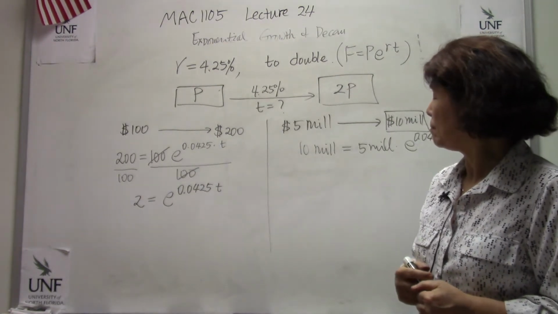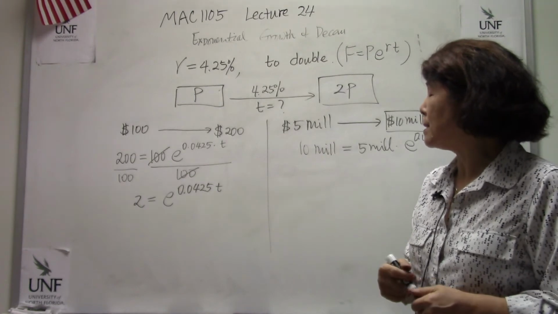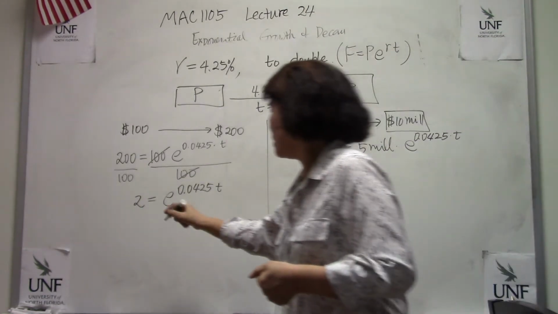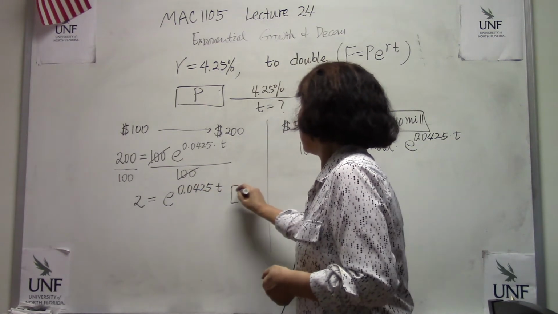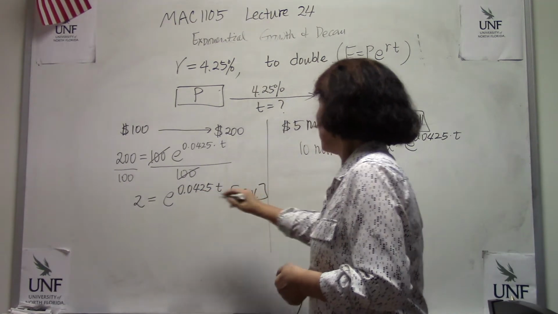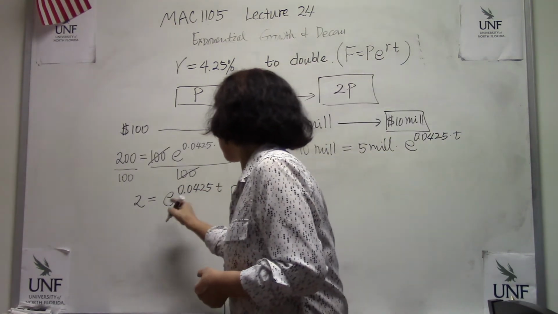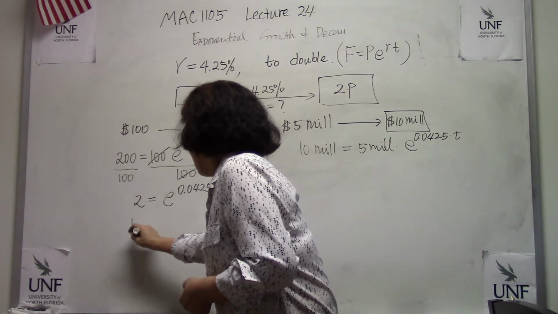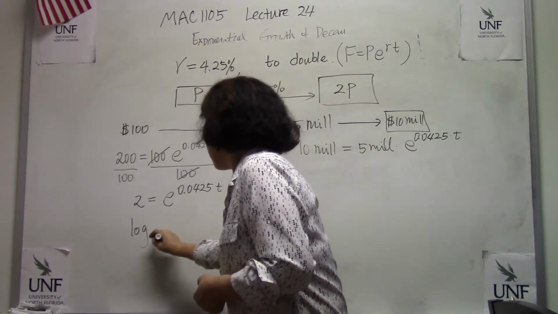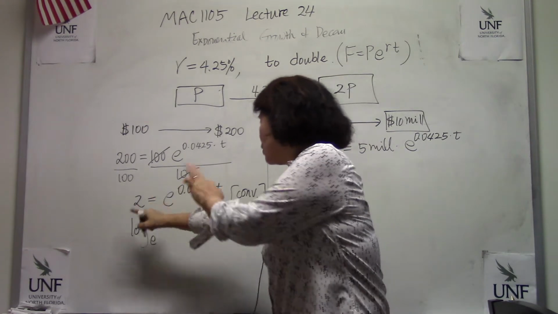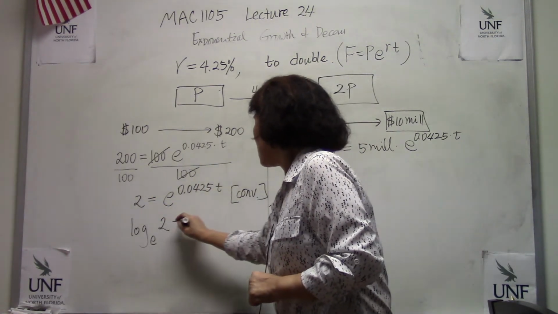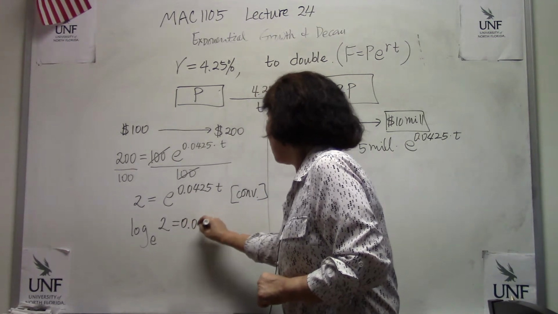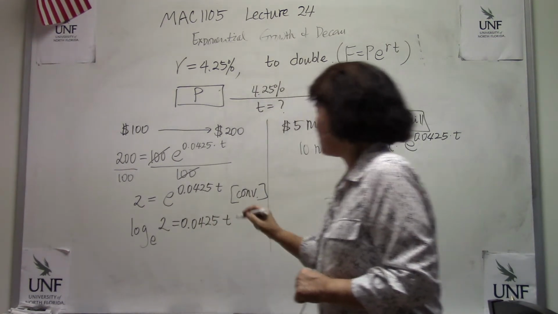So when you solve this, well, e to the something equals 2. Yes, you need conversion, okay? So conversion, that is log with the same base e, and we are going to switch the sides, right? So log 2 to base e equals 0.0425 t.